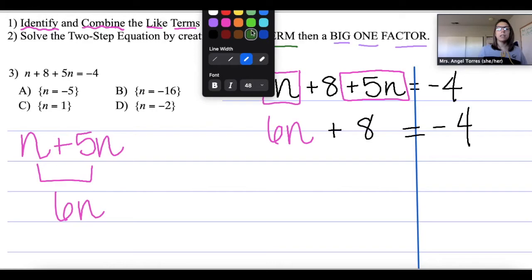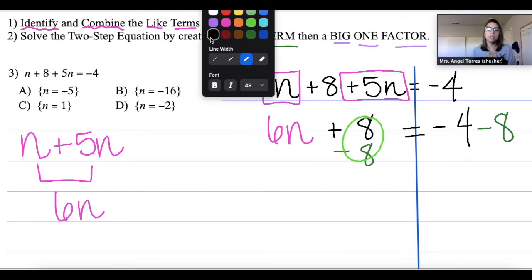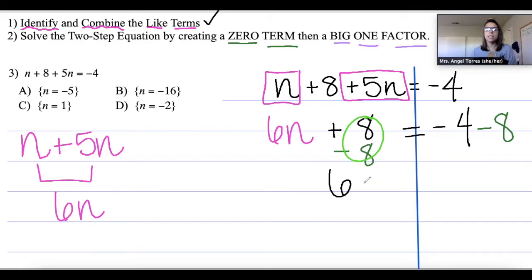Step 1, done. Step 2, we need to make a 0. How do you make 0 out of positive 8? You subtract 8, which means we're subtracting 8 from both sides. You can also write it off to the side if you want. You don't have to write it below. So 8 minus 8 is 0. Bring down your 6n, and negative 4 minus 8 is negative 12.